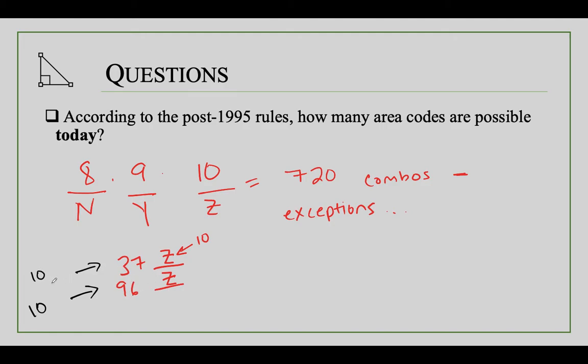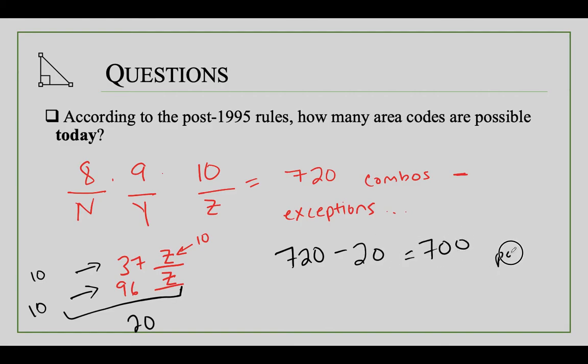So that means in total I have 20 possibilities that are off limit. So that means I'm going to do 720 minus 20 to get 700 possible area codes today.